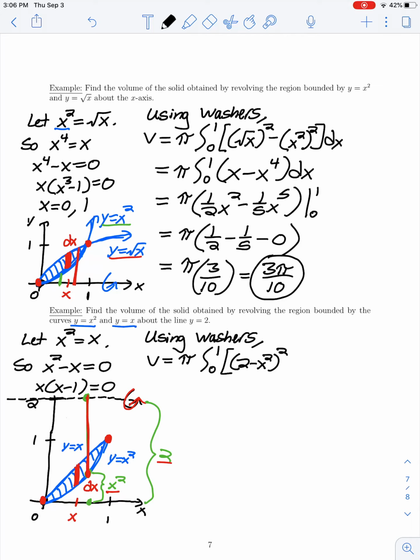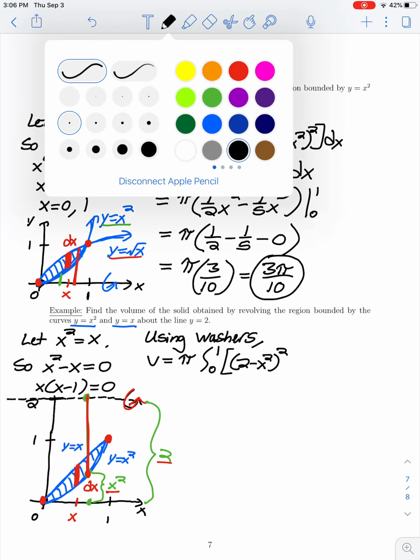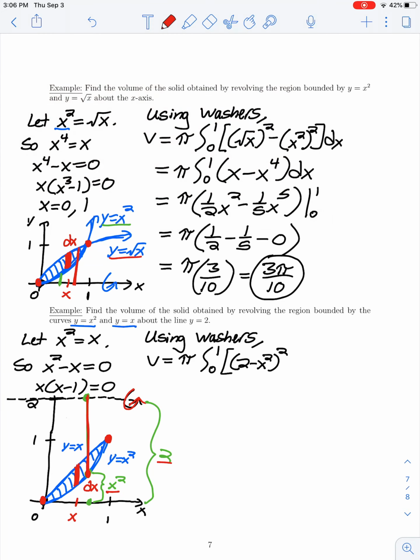Now similarly, to get the inner radius, well, I'm looking for the distance traveled from the center of my washer, which would be the axis of revolution, down to the inner curve for my washer. And I know that the distance traveled from the x-axis up to that curve is given by y equals x.